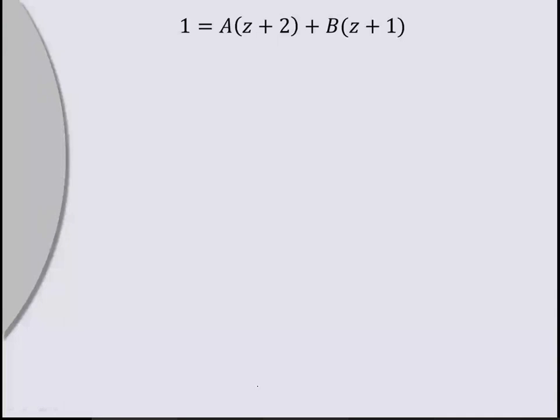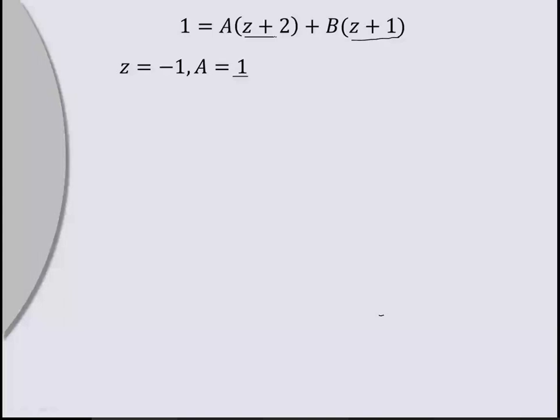Now we have to do some substitutions for this z term. Put the value of z so that this term gets cancelled. For which value of z does it get cancelled? z equal to minus 1, because minus 1 plus 1 gets cancelled. So put z equal to minus 1. We get 1 is equal to A into minus 1 plus 2, and minus 1 plus 2 is 1, so A will be 1. Now for which value does this term become 0?